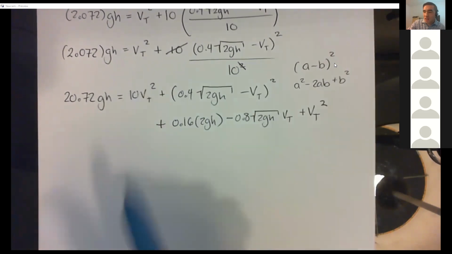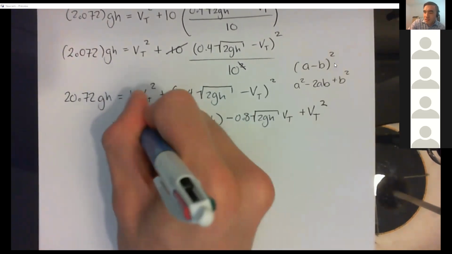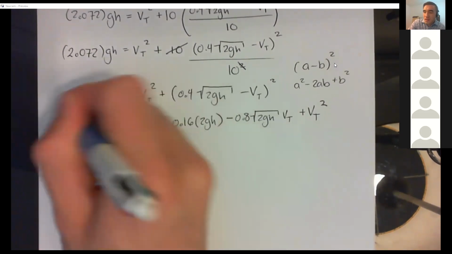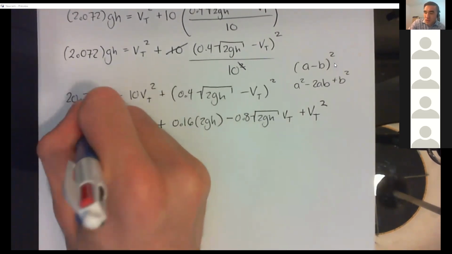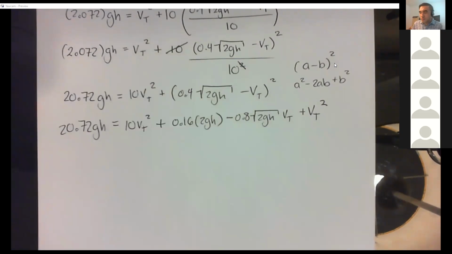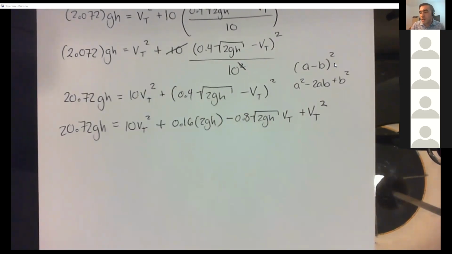And then on the left-hand side, this is going to give us 10 VT squared. And on the left-hand side, we have 20.72 GH. And now, kind of final procedures. I'm going to clean this up a lot.